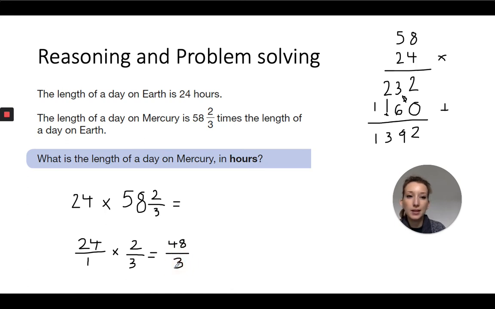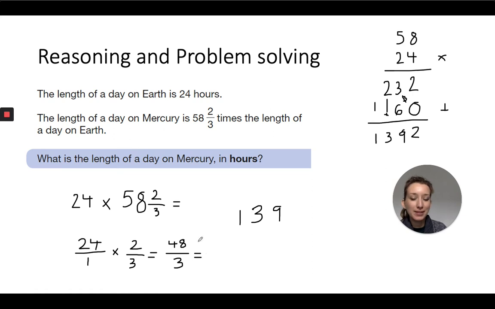Okay, and then we've got to add those together. So we've got 1,392 and 48/3. Let's put that into a mixed number. So how many 3's in 48? Well, I know there are 3 10s in 30, so there's 18 remainder.